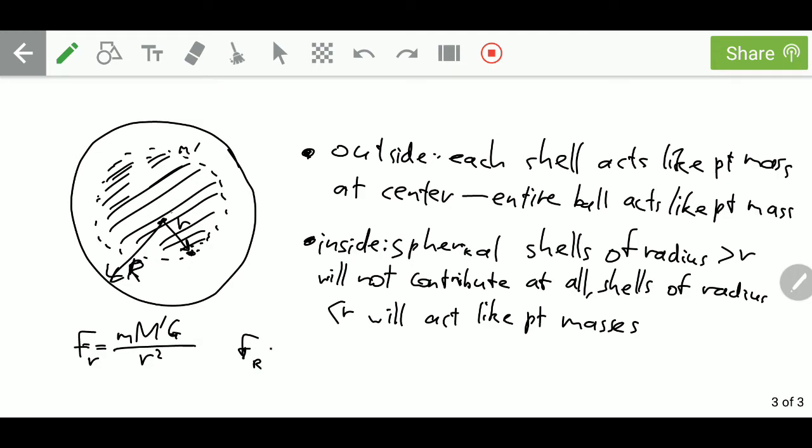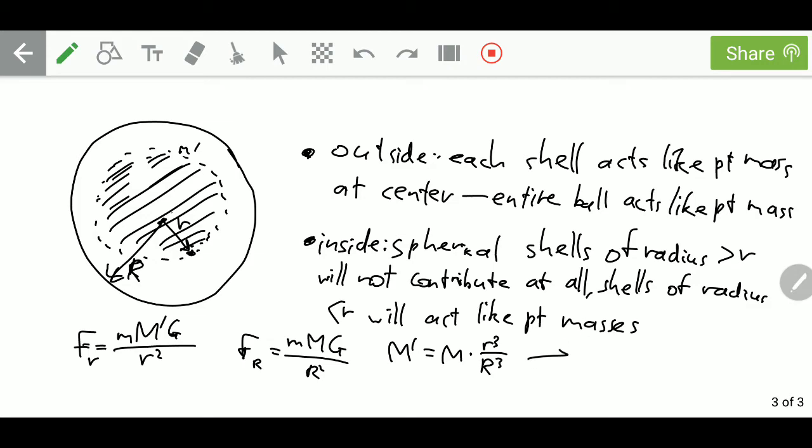And F at a distance big R is going to be mg over capital R squared. But if you look at what is m prime, that's just the total mass times the ratio of the two volumes, and the ratio of the two volumes is just little r cubed over big R cubed.